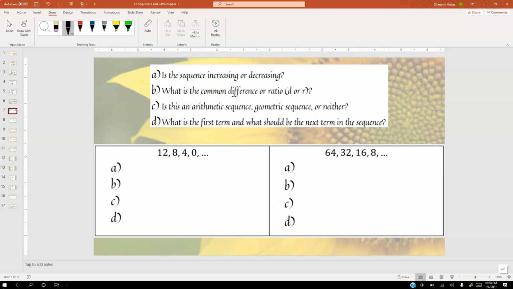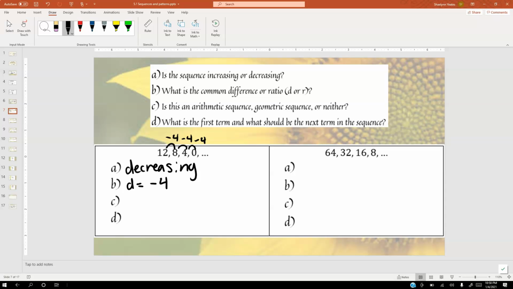Okay, so on this first one, it goes 12, 8, 4, 0. So is that increasing or decreasing? Hopefully you noticed it's decreasing. Then it says, what is the common difference or ratio, depending? So this one is going 12 to 8. Well, that's subtracting by 4. Then it goes 8 to 4. That's also subtracting by 4. Then 4 to 0. That's also subtracting by 4. So there's a common difference of minus 4.